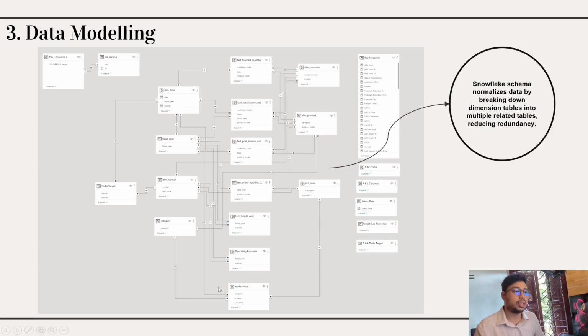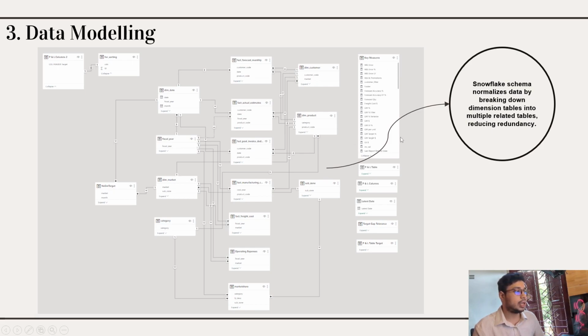So in the Snowflake schema the fact table will be the middle thing, the main attraction, and the dimension tables will be its different hands. Because I created all these different connections among different data tables, I can easily create the different key measures, or the DAX measures, like absolute error and percentage absolute error.